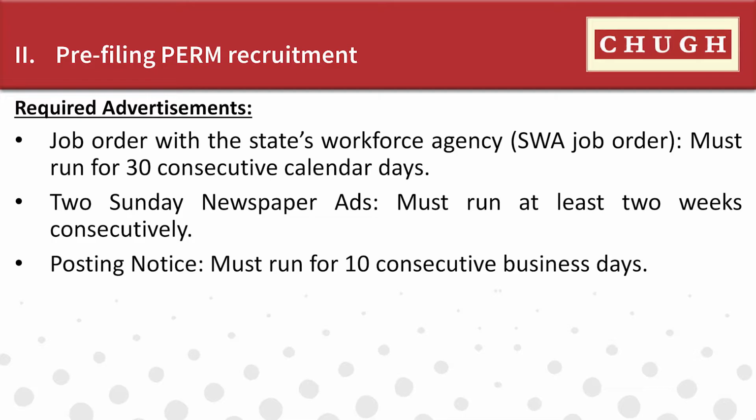They must run 2 weeks consecutively, and they also must run in the newspaper of general circulation in the area of intended employment. So you can't just run it in any small local newspaper to avoid paying a higher cost. You have to make sure that it's the newspaper of general circulation of the area of intended employment.